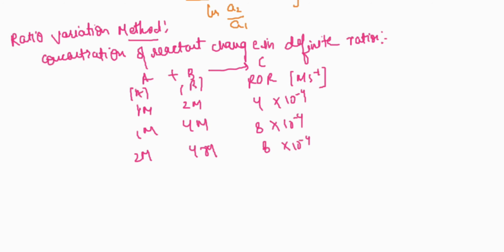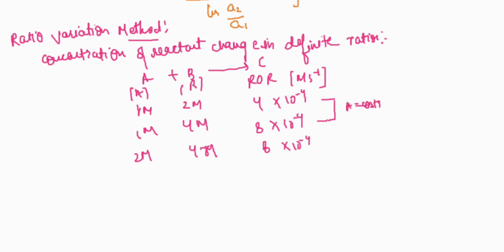Now if we see the first and second experiments, we have kept A constant and doubled B. When we double B, the rate of the reaction gets doubled.